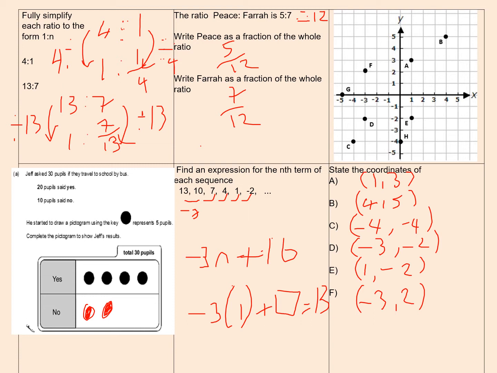So let's put 1, the first term, into our nth term. Minus 3 times 1 is minus 3, plus something is going to equal 13. So that means the missing gap is going to be 16. Minus 3 plus 16 will give us 13.